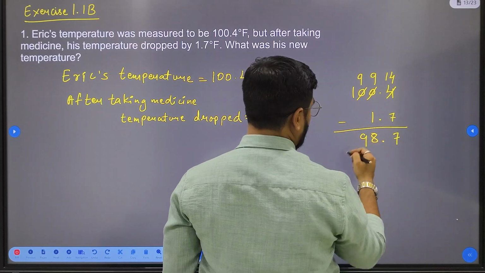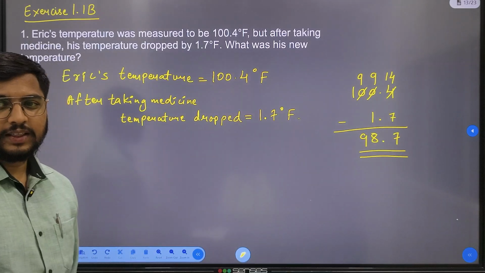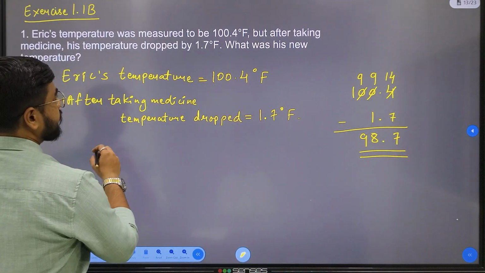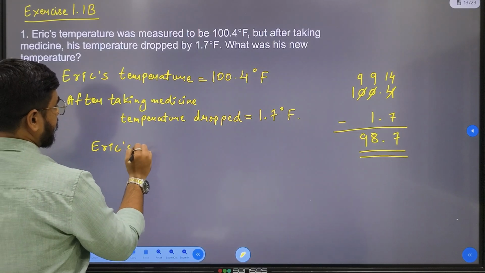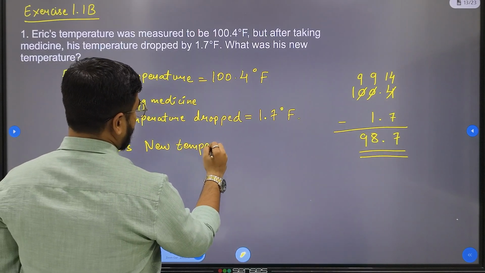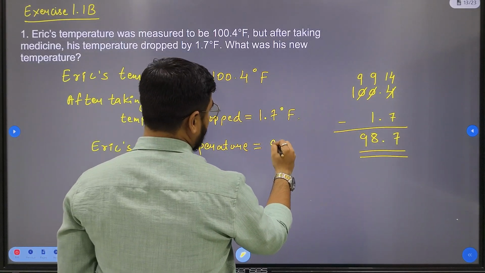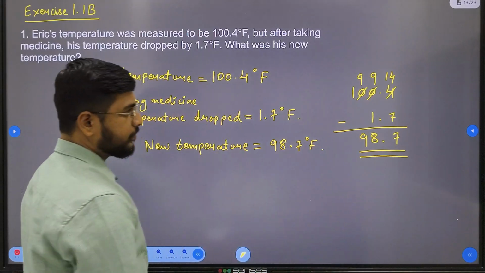And 9 again. So the final temperature he has after taking the medicine, that is 98.7 degree Fahrenheit. Eric's new temperature is equal to 98.7 degree Fahrenheit.